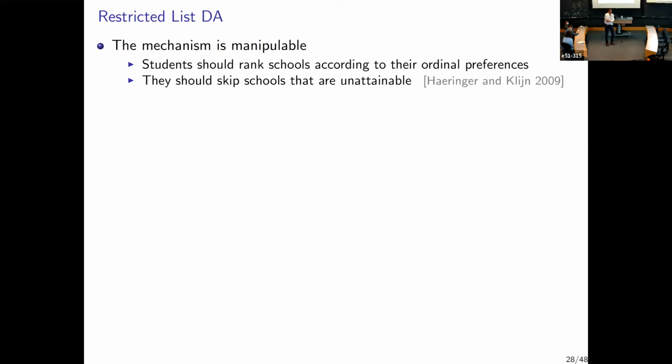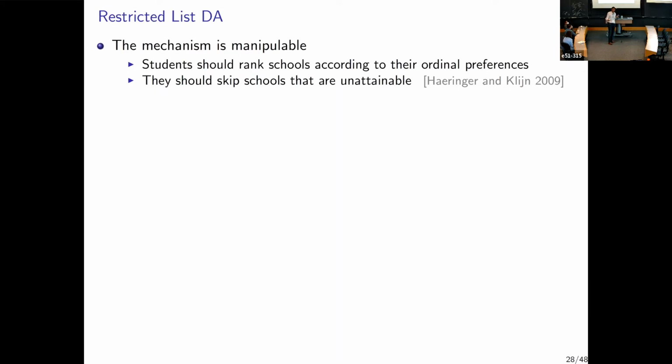What you can do, and what you should do, is skip some schools that, even if you like them, you think are very low probability for you, kind of unattainable. So you like this school a lot, but your chances of getting there are really low. Maybe you should skip that school to be able to rank another one that you don't prefer as much, but that you are very likely to get.